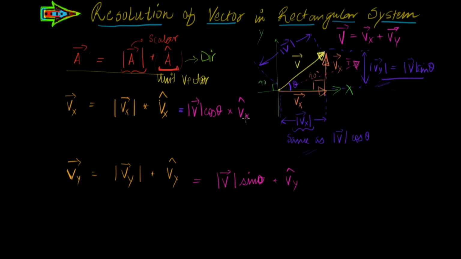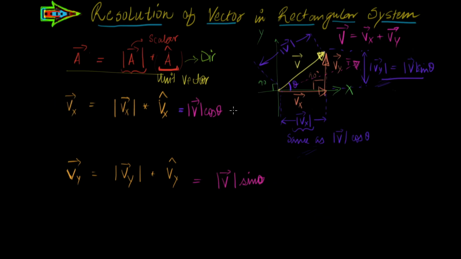So that is to say, v sub x and v sub y are not really properties of the vector, but they're properties of the rectangular coordinate system that we choose to specify them in. So we can really get rid of the v component of these terms and just write them as general terms that only take into account the directions of x and y.